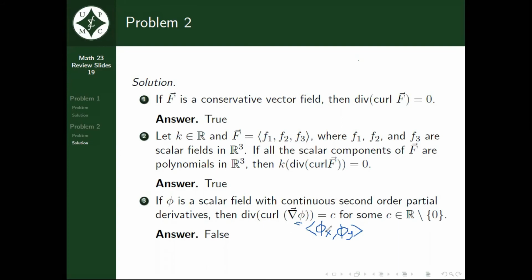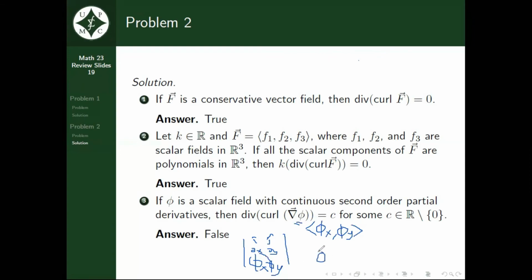And then the curl of this, I hope at this point you are refreshed on how to compute the curl. As a shortcut: phi x, phi y.